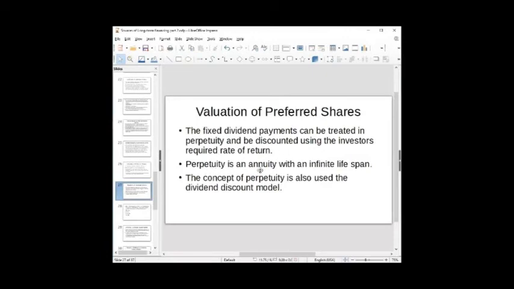A perpetuity is an annuity with an infinite lifespan. So the concept of a perpetuity is also used in the dividend discount model. When you say discount, we are going to lessen the value that is stated in the face value of this share of stock.